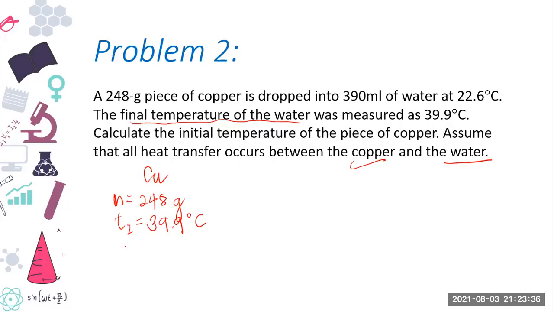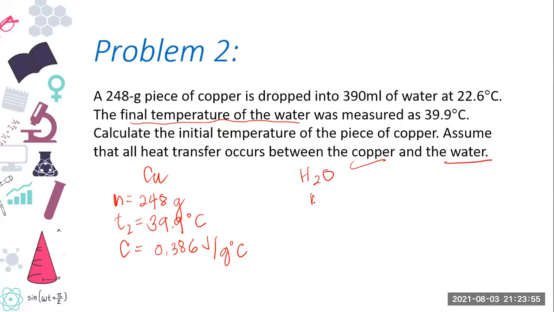So for copper, the specific heat of copper is 0. From the table that was attached with the activity, joule per gram degrees Celsius. And then we also have another set of data for water.